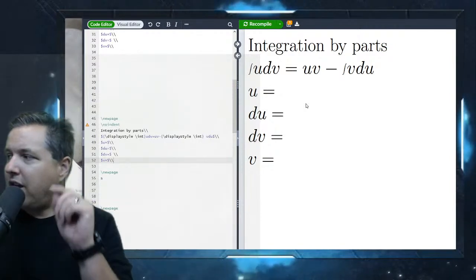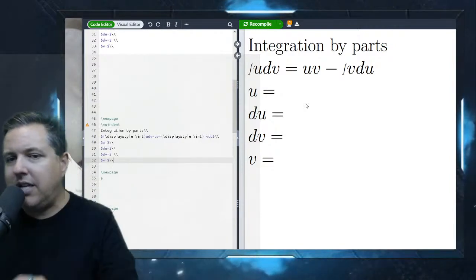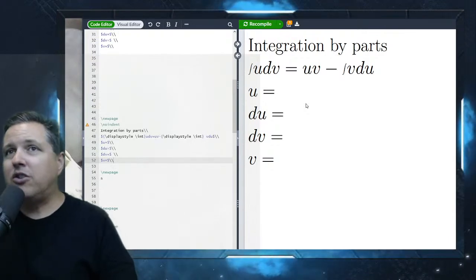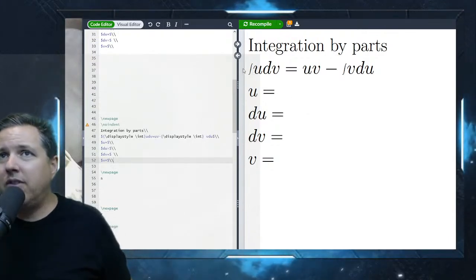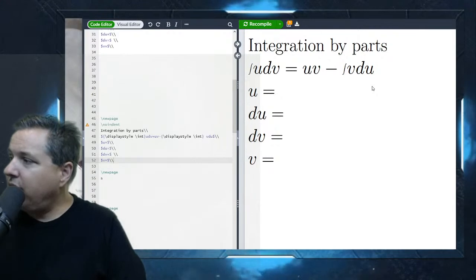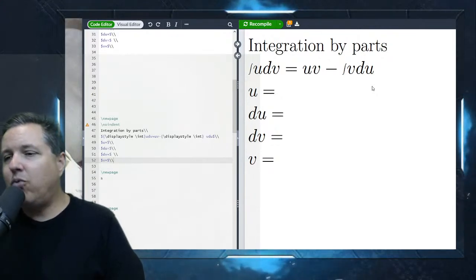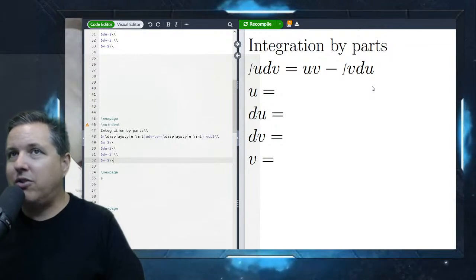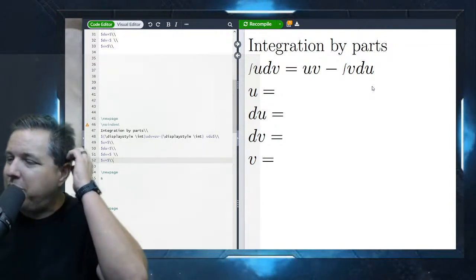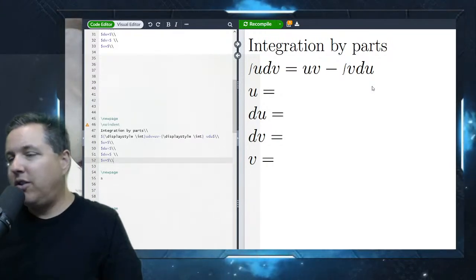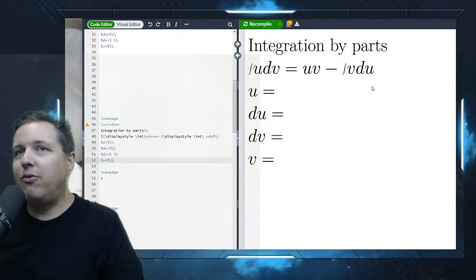Especially in the beginning when you're just learning how this works, start every one of these problems by writing out the formula. The integral of u dv is equal to uv minus the integral of v du. Even say it while you're writing it out, and you will have it memorized in no time. It's not a super complicated formula, but if you say it and write it every time you use it, it will just naturally be memorized.